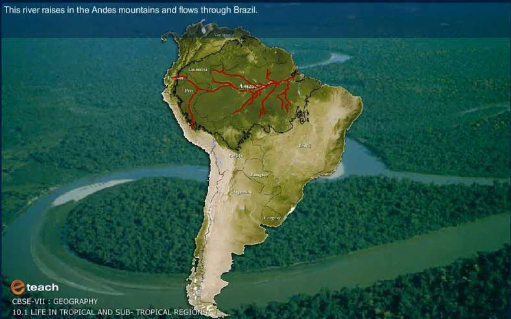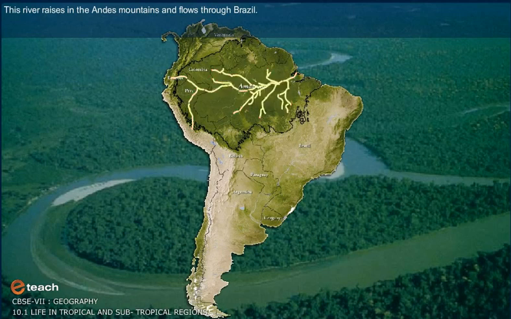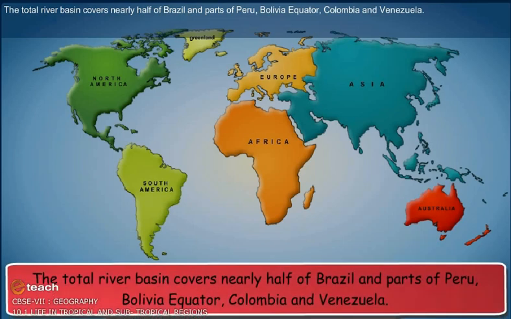This river rises in the Andes Mountains and flows through Brazil. The total river basin covers nearly half of Brazil and parts of Peru, Bolivia, Ecuador, Colombia, and Venezuela.